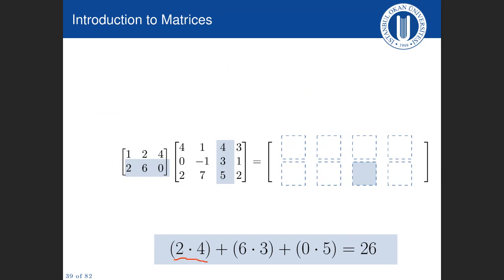The first numbers are 2 and 4. Multiply them together to get 8. The second numbers are 6 and 3. Multiply them together, we get 18. And the third numbers are 0 and 5. Multiply them together to get 0. And then we add these together. 8 plus 18 plus 0 is equal to 26. And that goes just here.